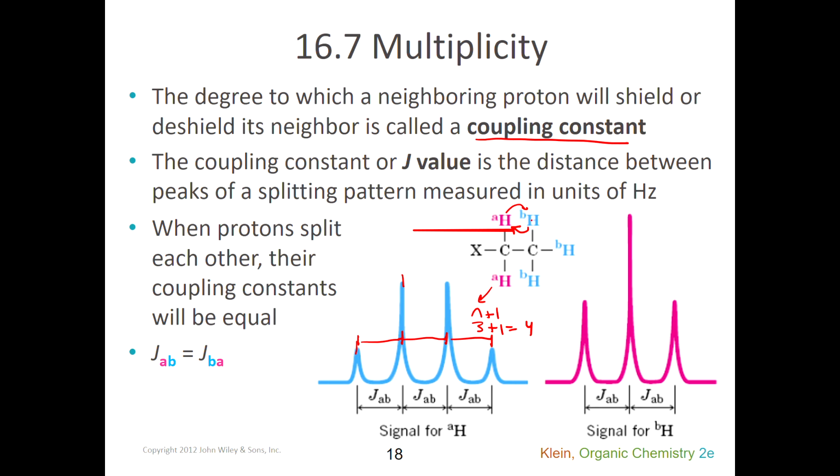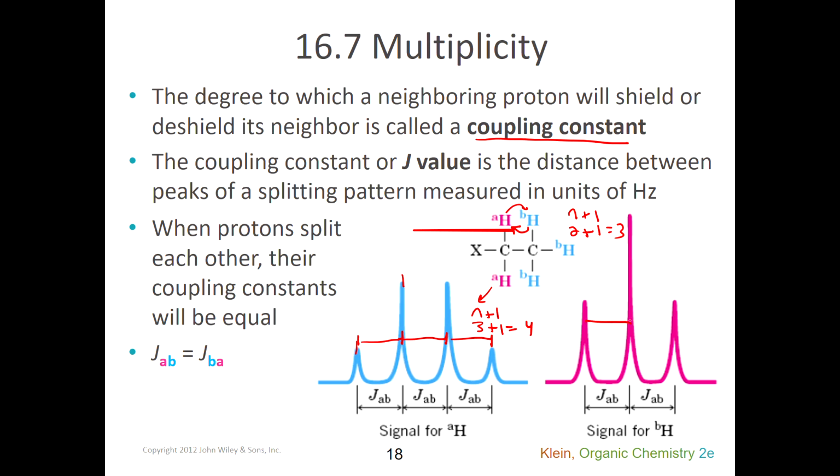If I look at B, the signal for B is split by A. B can't split B because B is equivalent to B. But A can split B, and there are 2 hydrogens of type A. So when I recognize 2 adjacent equivalent hydrogens, both splitting B, I plug that in for n, and I get 3. So that's why I have a triplet here.